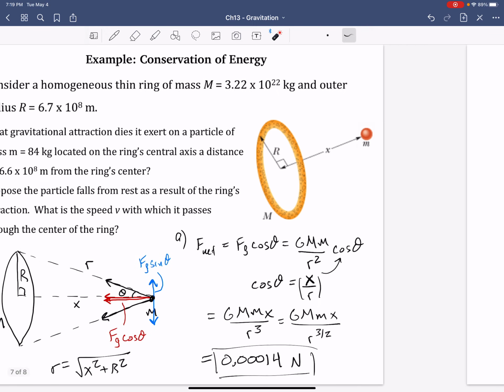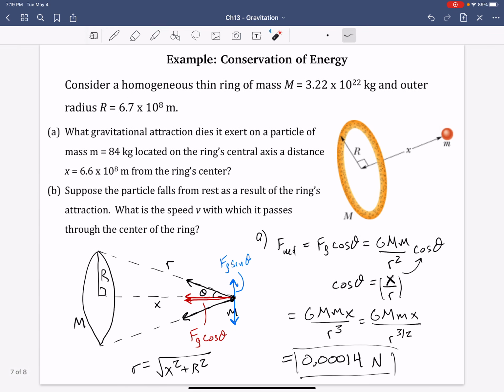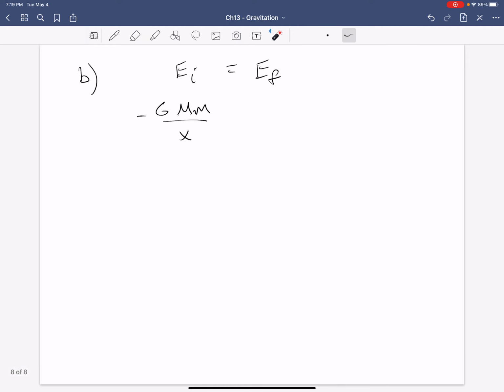Well, actually, hang on a second. Let me finish writing this out. Finally, 1/2 m v squared at the center minus G M m over the distance. Now this brings up a good point.